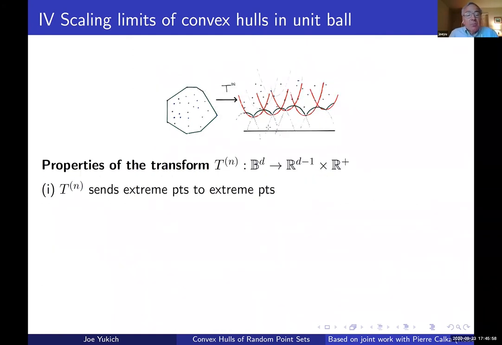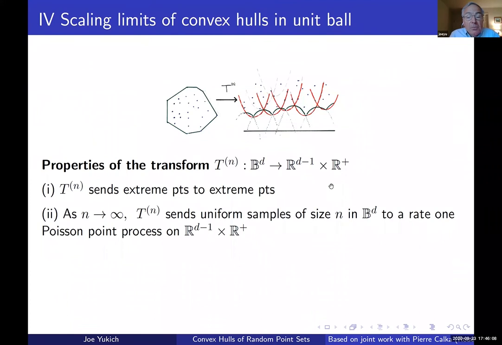So here are some properties of this transform Tn. It sends extreme points to extreme points. That's property 1. Property 2 is that Tn takes this IID sample in the unit ball to a rate 1 Poisson point process in the upper half space.